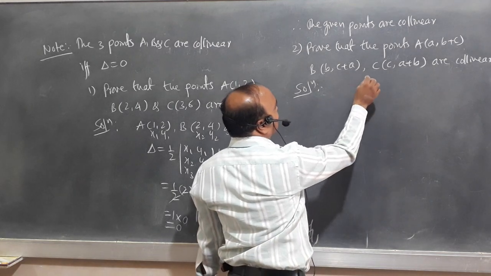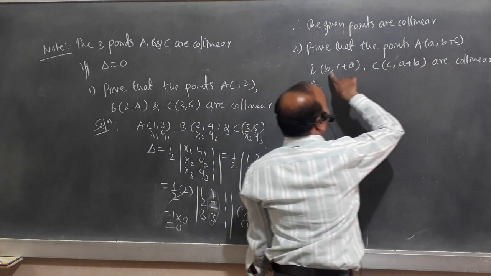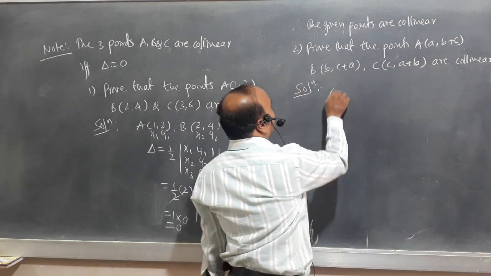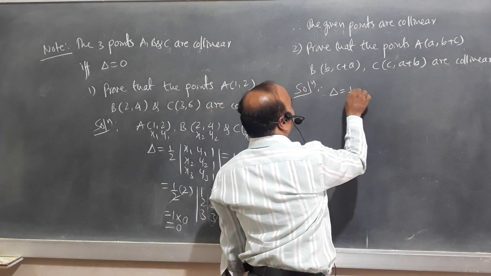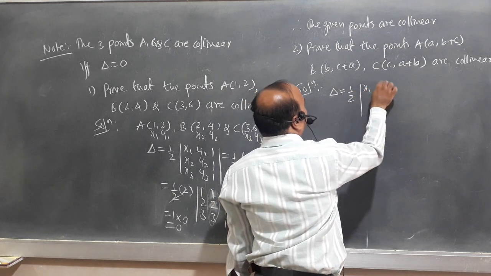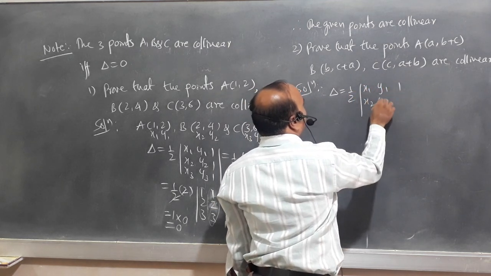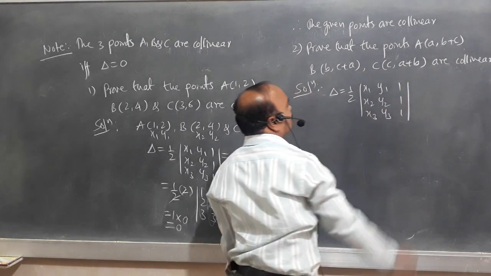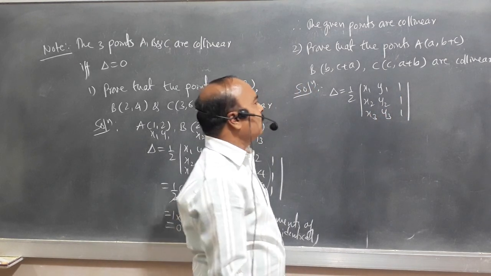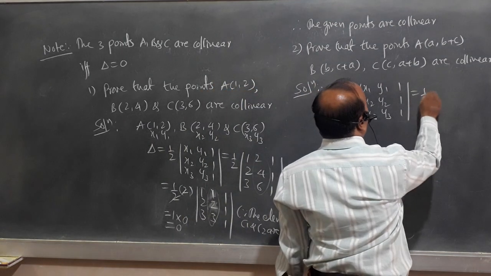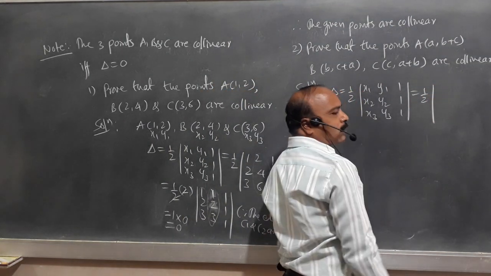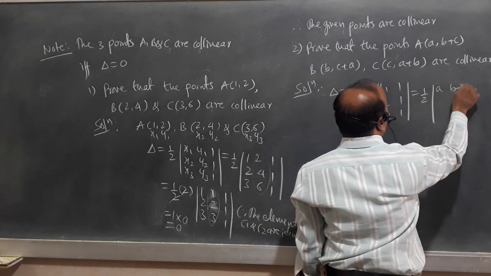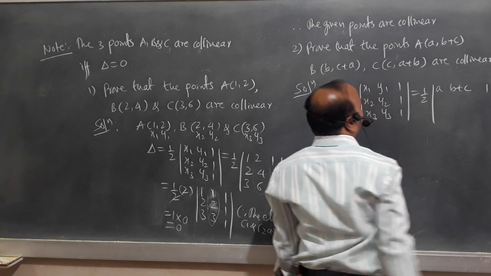Here it is x1 y1, x2 y2, x3 y3. Then the area of the triangle is given by 1 by 2 times the determinant x1 y1 1, x2 y2 1, x3 y3 1. Now we substitute the values. It is 1 by 2 as it is. The first row is a, b+c, 1.